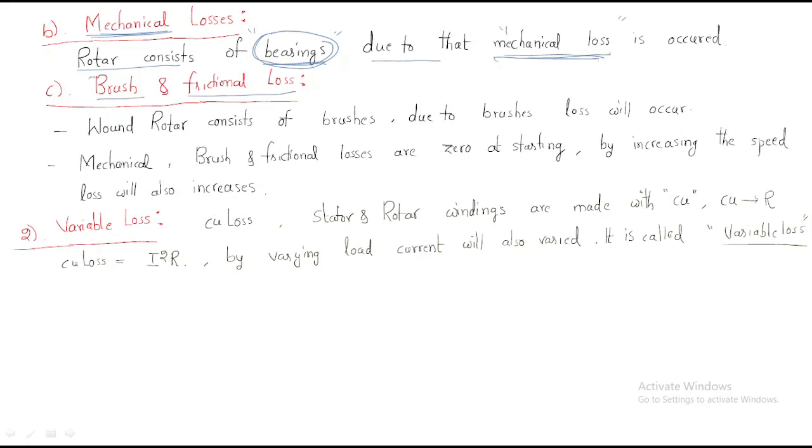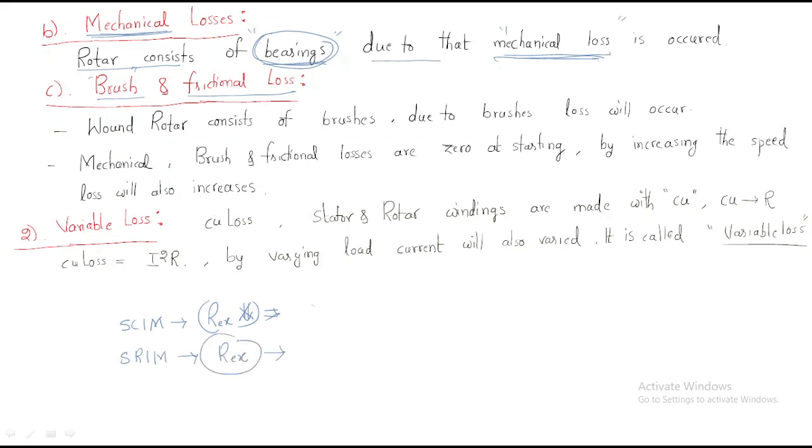Next, brush and frictional losses. In the squirrel cage induction motor, there is no external resistance. We are not adding any, so that's fine. There are no slip rings. But in slip ring induction motors, we add external resistance.